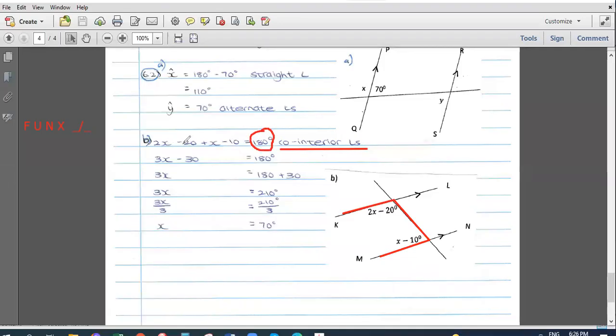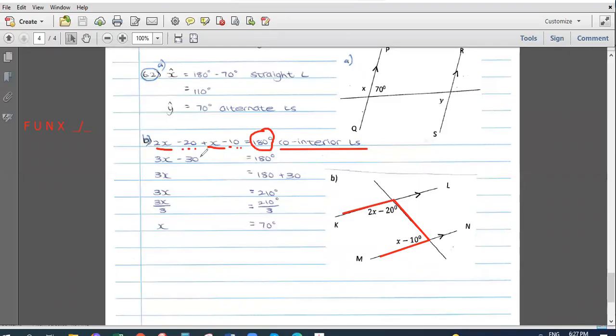So we're saying that 2x minus 20 plus x minus 10 is going to give you 180 degrees. Now we simply solve an equation. 2x plus x is 3x. There's your like terms. That gives you 3x minus 20 minus 10, which gives you minus 30.